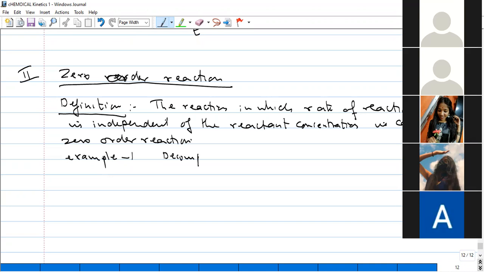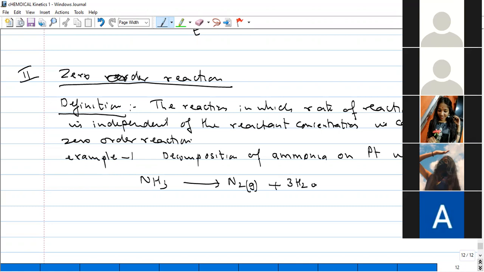The reaction is NH3 giving you N2(g) plus 3H2(g), and this takes place in the presence of platinum.